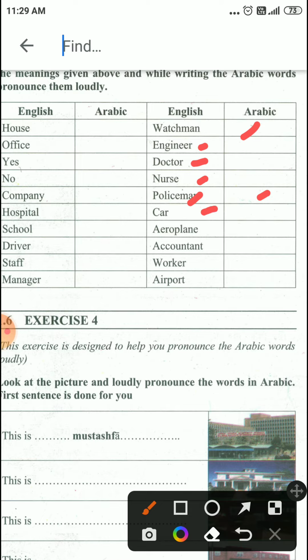Car means sayyara. Aeroplane means ta'ira. Accountant means muhasib. Worker means amil. Airport means matar.